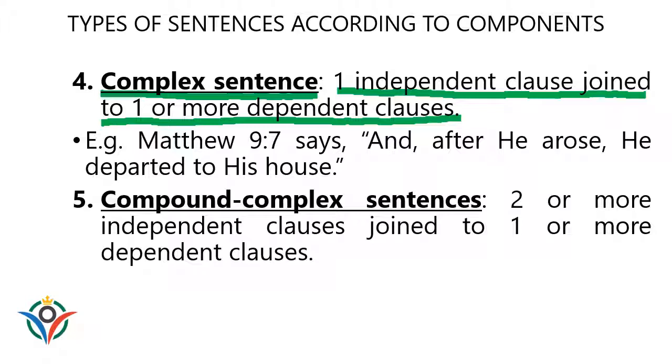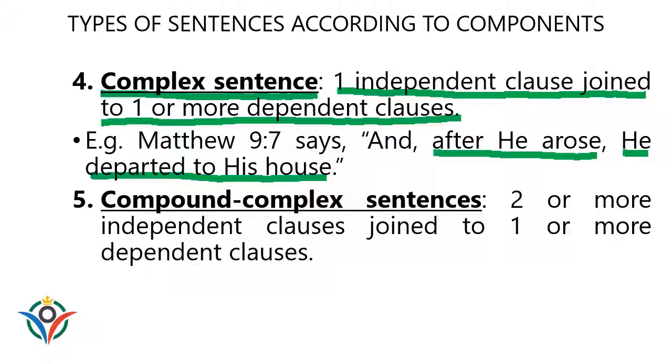But here's another example that comes from Matthew 9, verse 7, and it says, and after he arose, he departed to his house. So the independent clause would be he departed to his house, because it can stand as a complete thought. And the dependent clause would be after he arose.